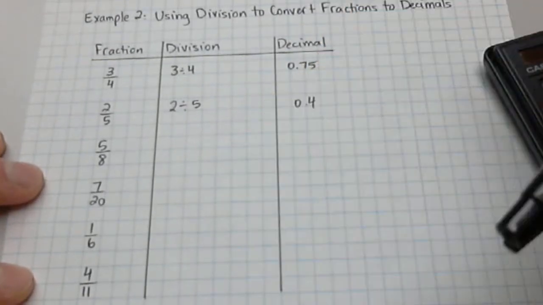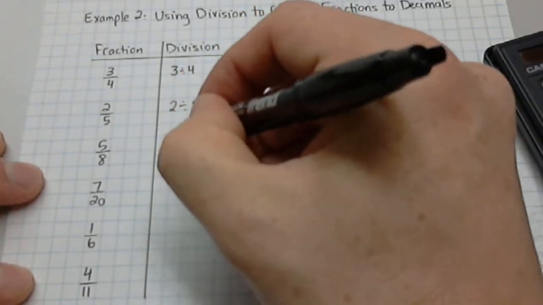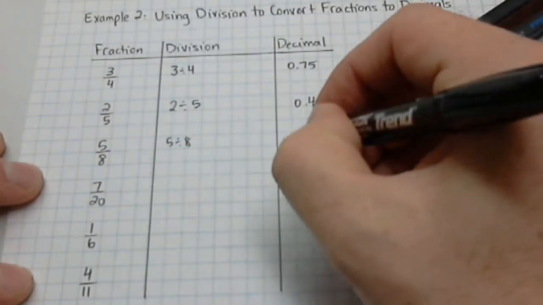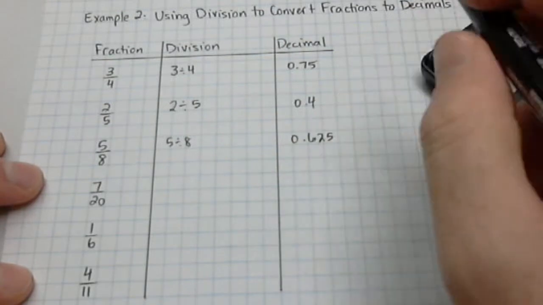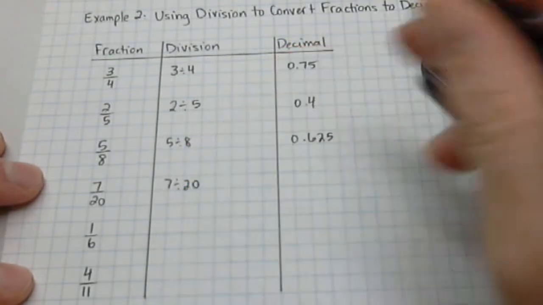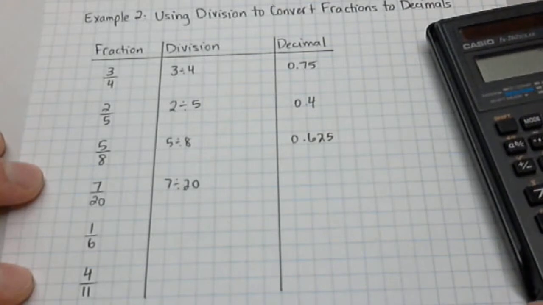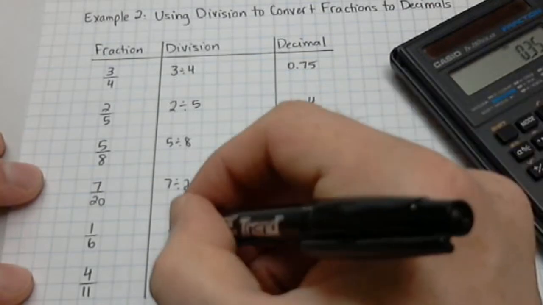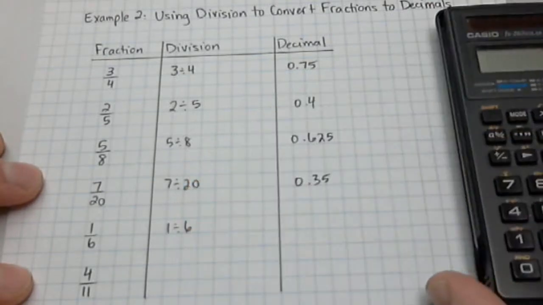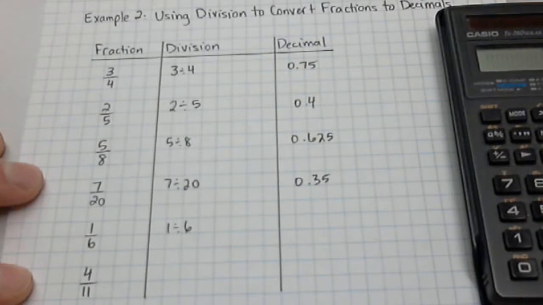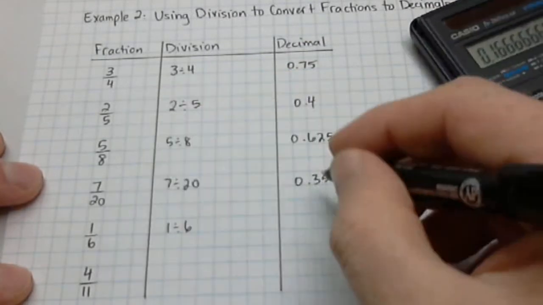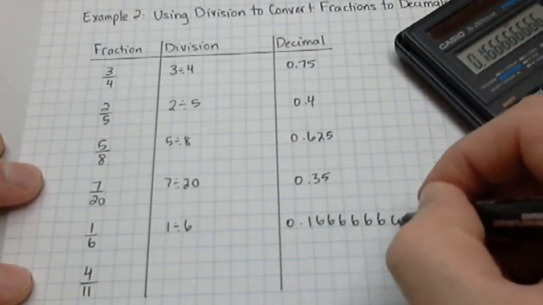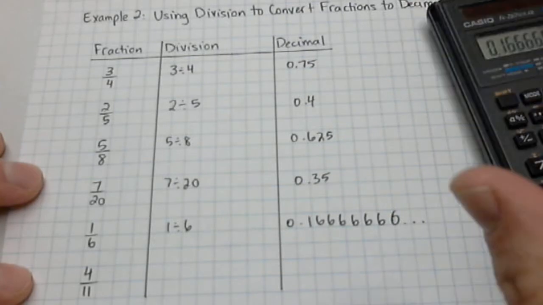That's my decimal. 5 divided by 8 is 0.625. 7 divided by 20, 0.35. 1 divided by 6, 0.1666666, and so on.